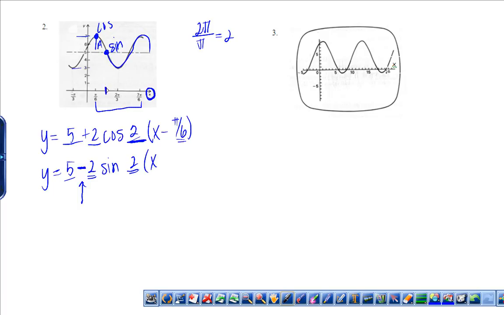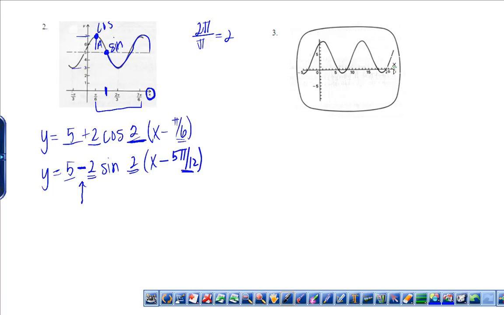Now I need to find this number right here, so I'm just finding the critical point in between these two. So if you add these and divide by 2, you're just finding the average. It looks like this number in the middle is going to be 5 pi over 12.